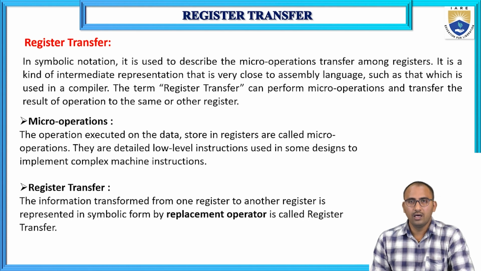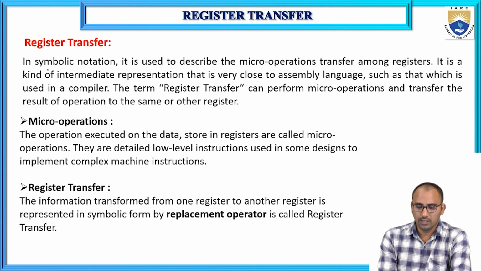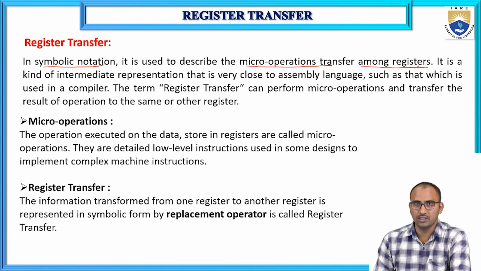And coming to the register transfer. Symbolic notation is used to describe the micro operations transfer among registers. In general, we can represent register transfer in a symbolic form, using an arrow.